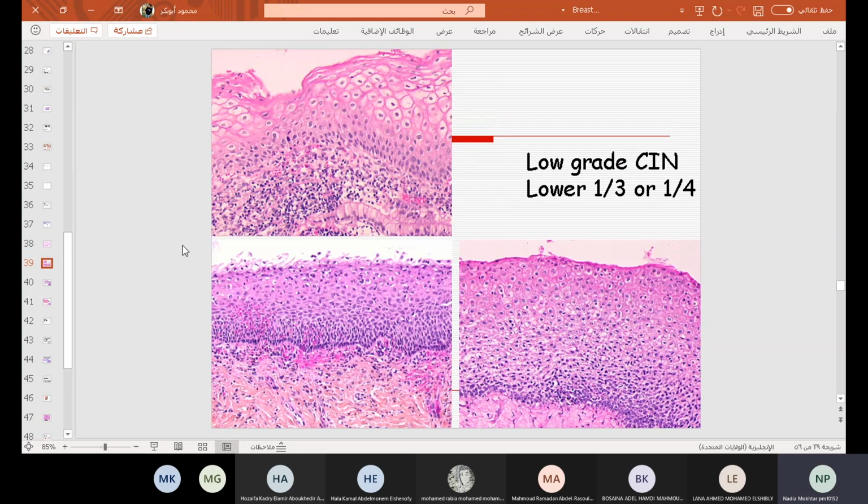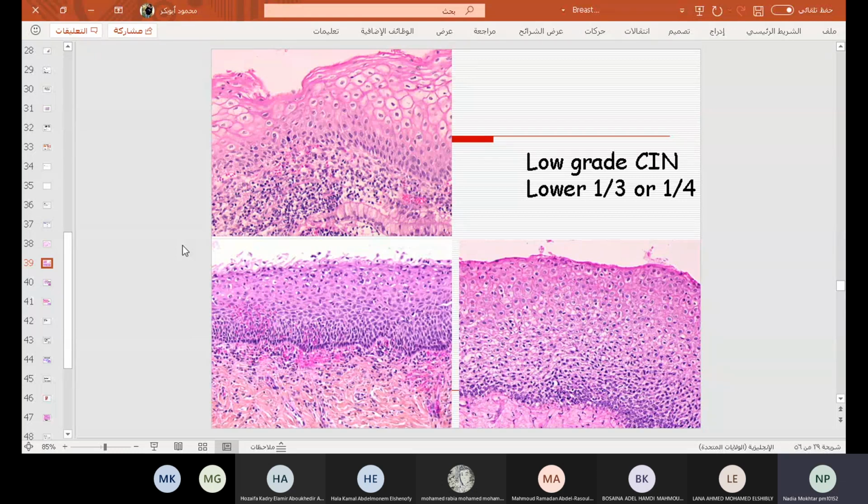Here again, low-grade CIN, in which only about 1/3 up to 1/2 of the epithelium shows the koilocytic cells. The photos down there show higher CIN, in which more than 2/3 of the thickness of the epithelium shows dysplasia, and thus this is called CIN 2 or 3.